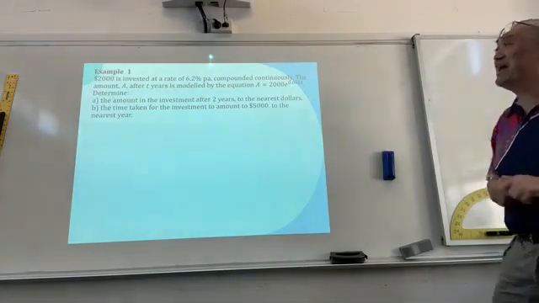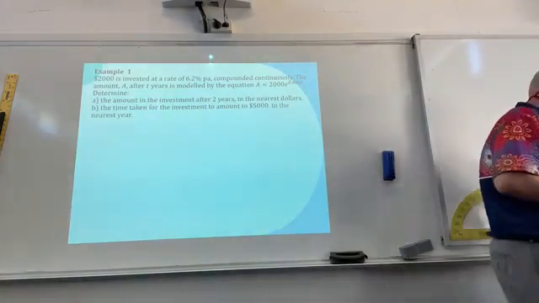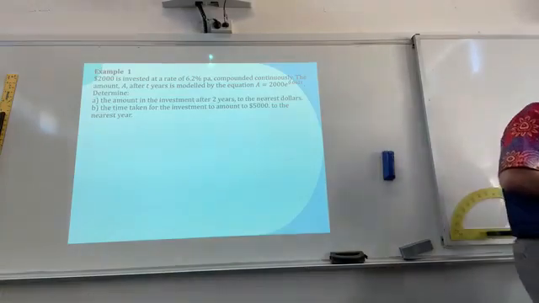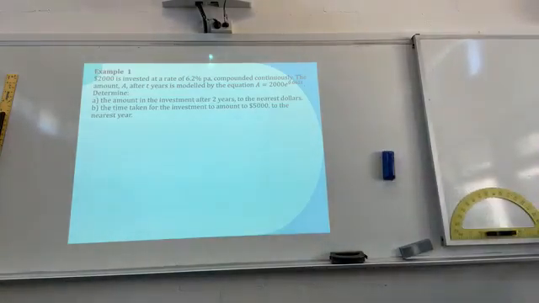Now let's start looking at example 1 straight away. $2,000 is invested at a rate of 6.2% compounded continuously. The amount A after t years is modeled by the equation. This equation is given. Determine the amount in the investment after 2 years to the nearest dollar, and then the time taken for the investment to amount to $5,000.